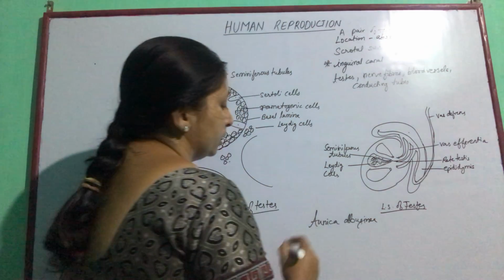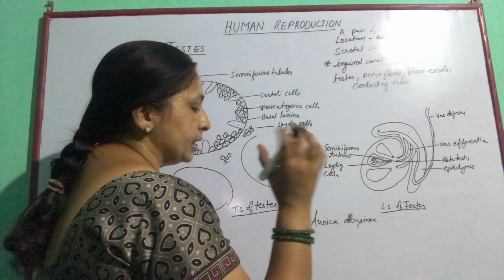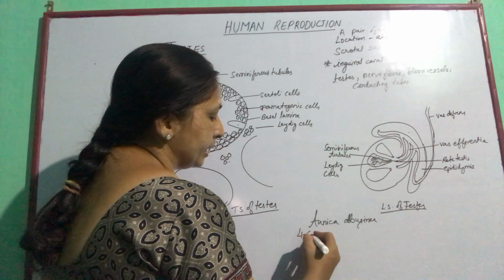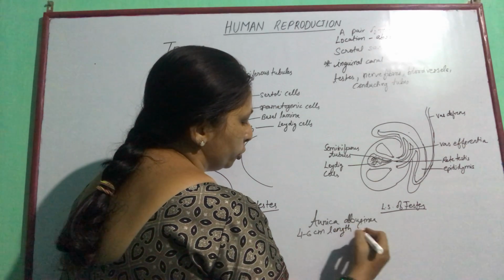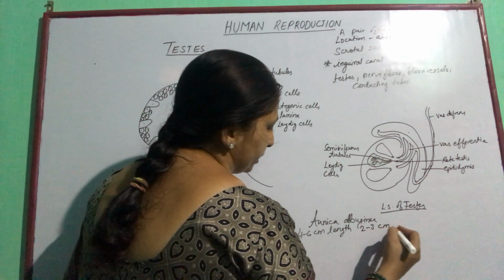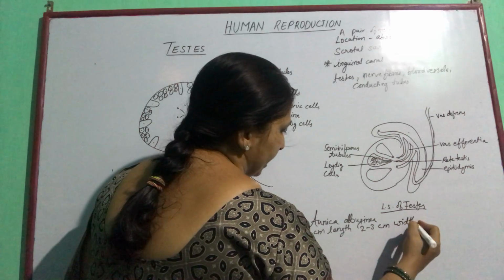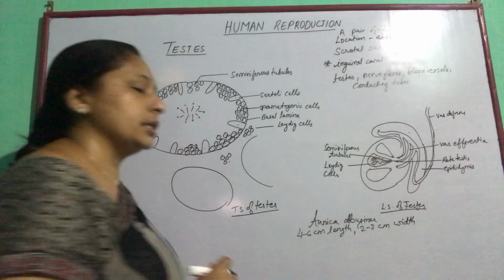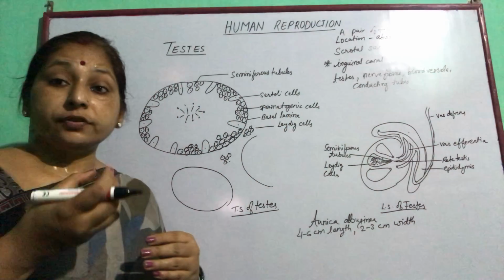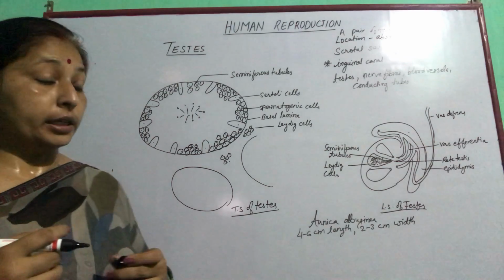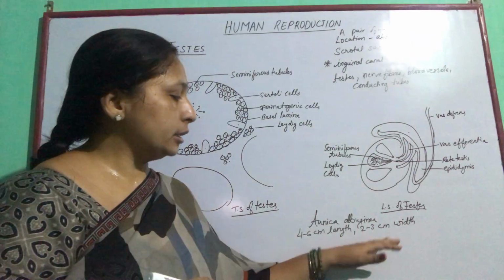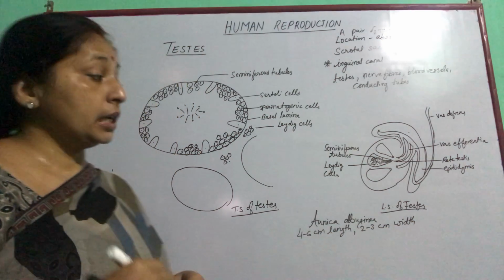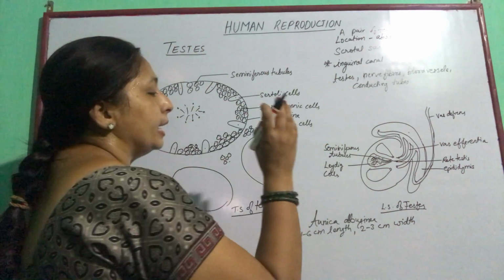The size of the testis is 4 to 6 centimeters in length and 2 to 3 centimeters in width. So this is the size of the testis.